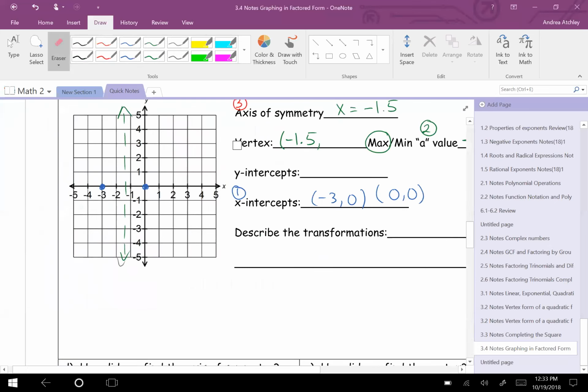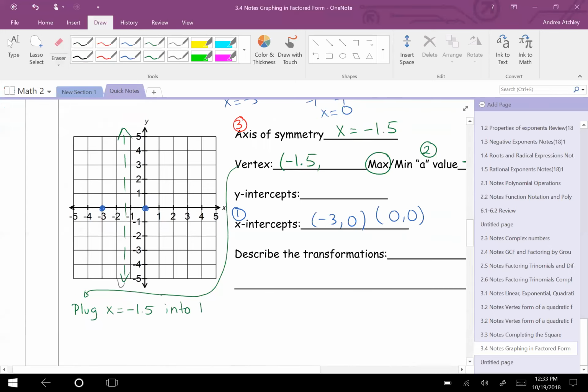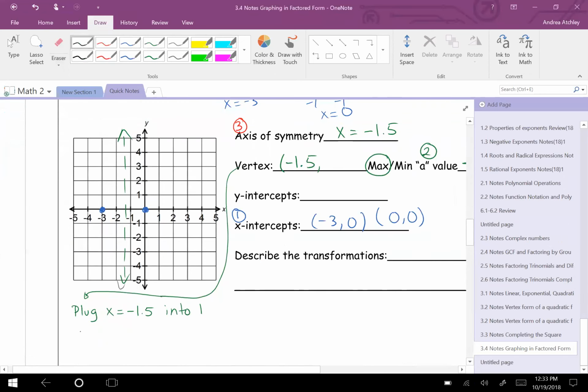So for my vertex, we're going to move it down here. Okay, plug x equals -1.5 into, is it f of x or g of x? F of x. F of x equals negative x times x plus 3.